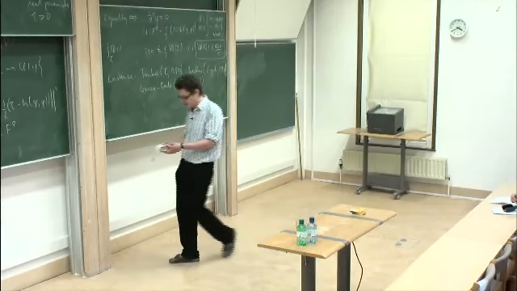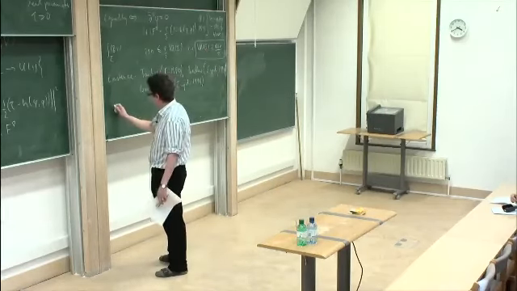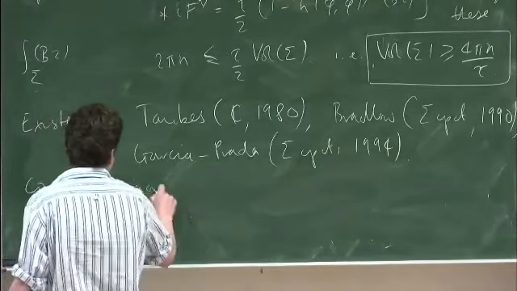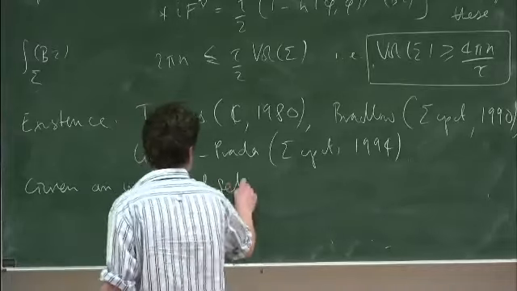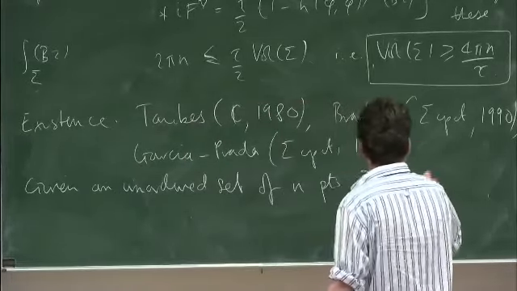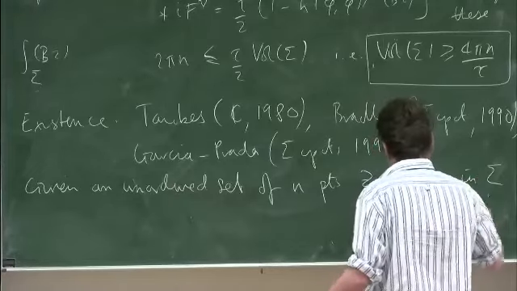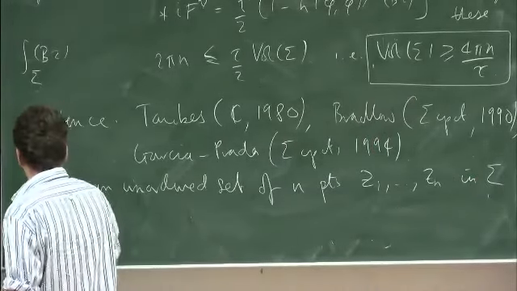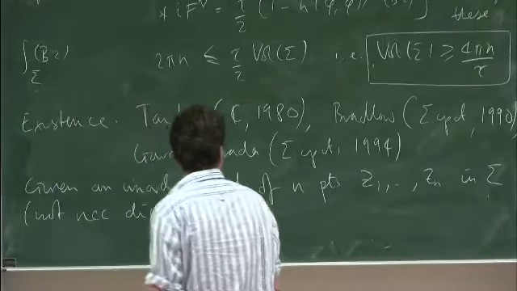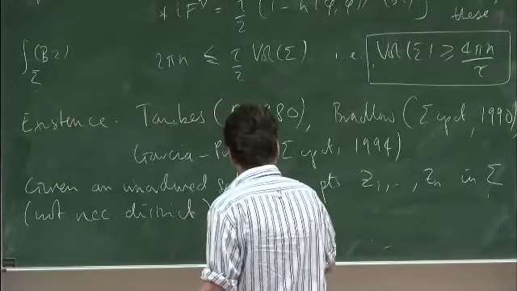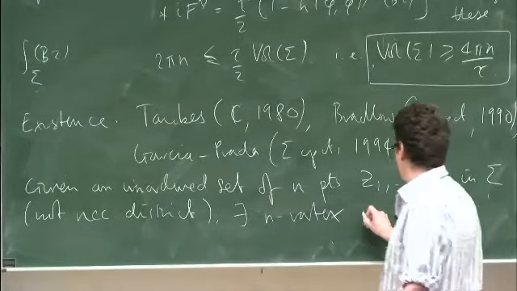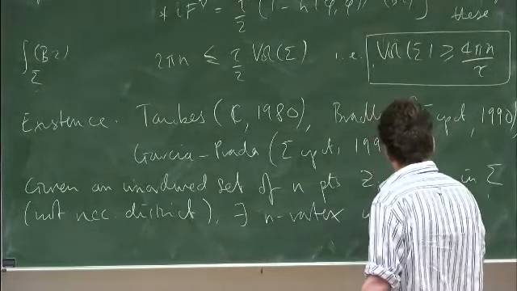Let me tell you what the theorem is. In all these cases, the theorem is as follows. Given an unordered set of n points, let's call them Z1 up to Zn in sigma, not necessarily all distinct, there exists an n-vortex, i.e. a solution of this pair of equations, with the Higgs field vanishing at the zeros and nowhere else, in fact.